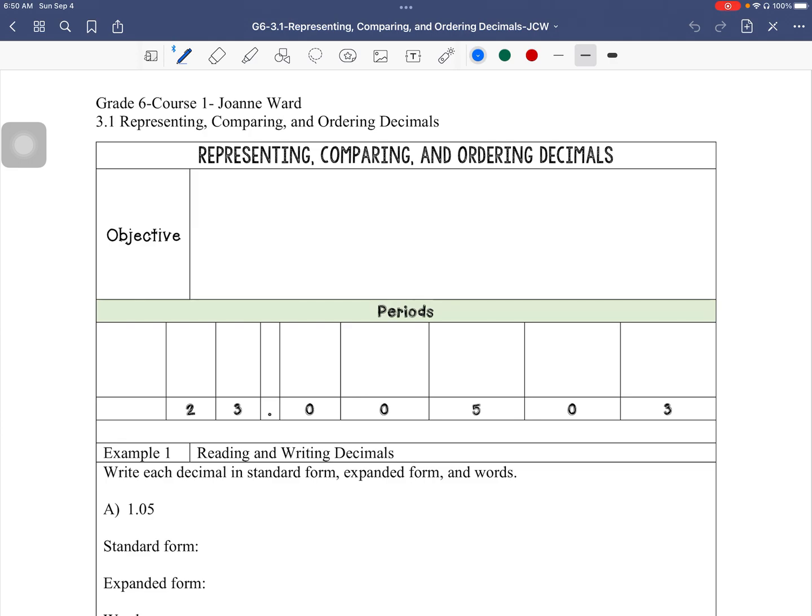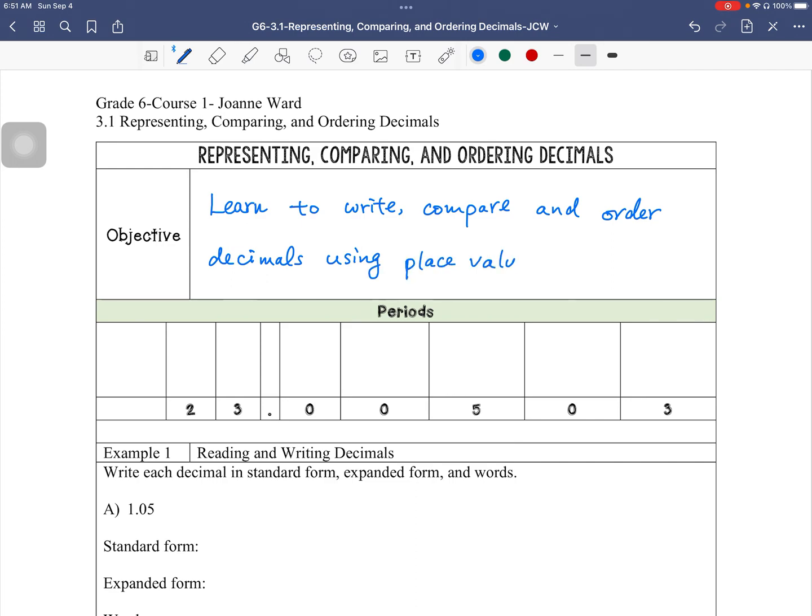So the learning objective for this section is that we want to learn to write, compare, and order decimals using place value and number lines.